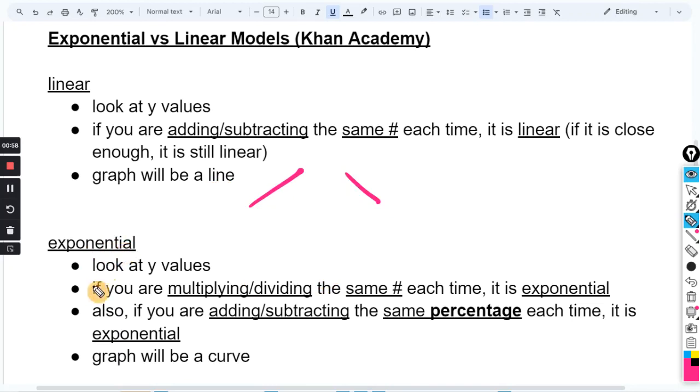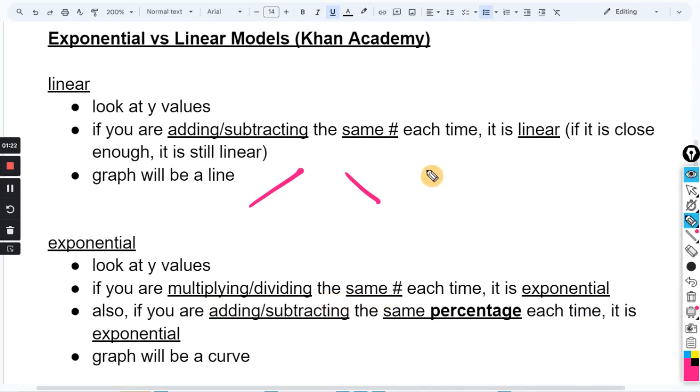Now for exponential, again, you want to look at the y values. If you are multiplying or dividing the same number each time, it's going to be exponential. Also, if you're adding or subtracting the same percentage each time, it's going to be exponential. And that's because if you add or subtract the same percentage each time, that's going to be like multiplying or dividing.